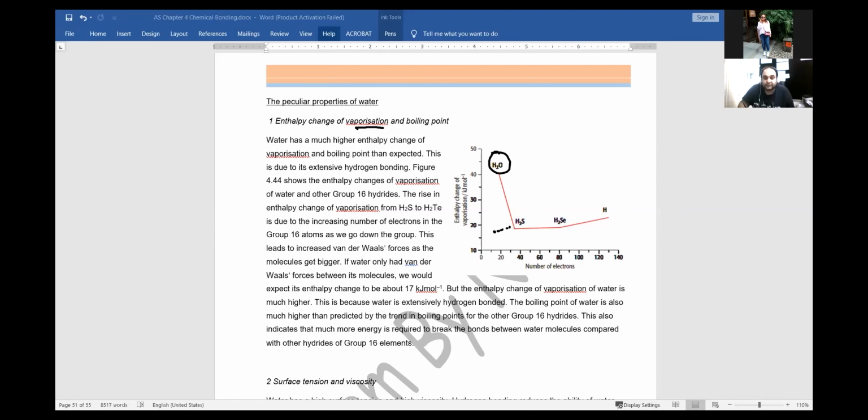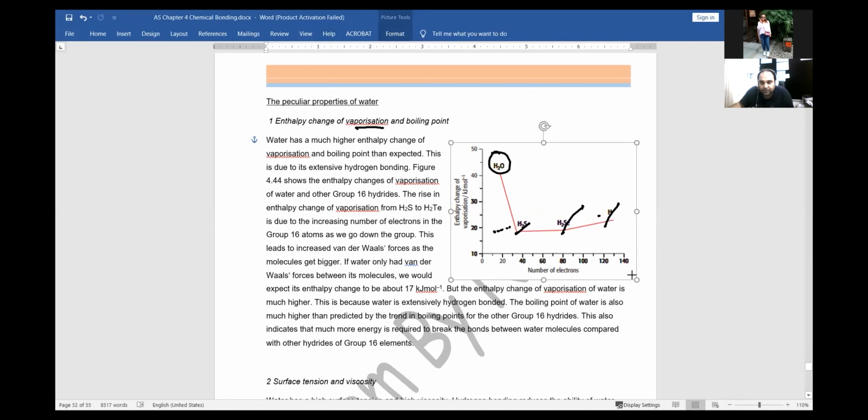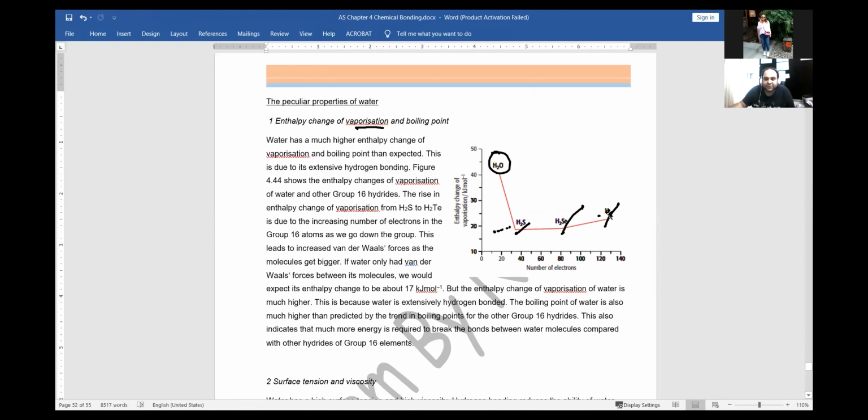So obviously hydrogen sulfide, hydrogen selenide, and wait, we missed something while cutting this. Okay, so H2S, H2Se and H2Te. They're all gradually increasing.